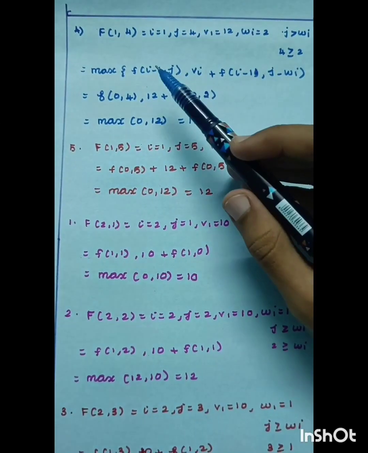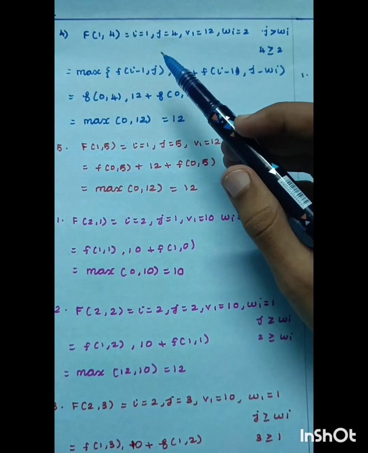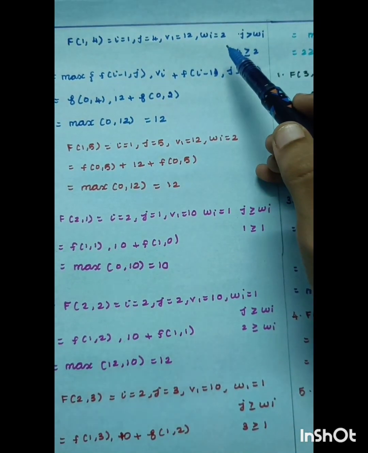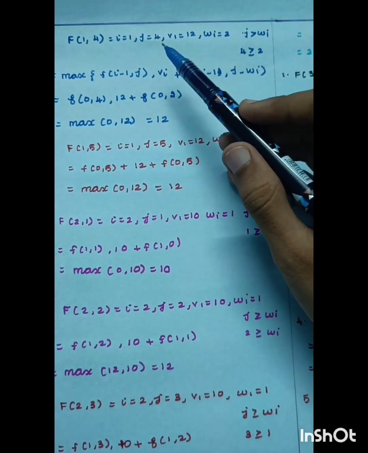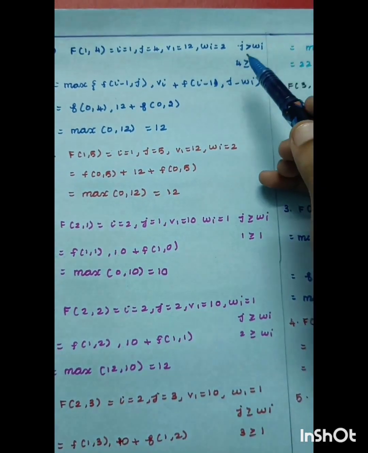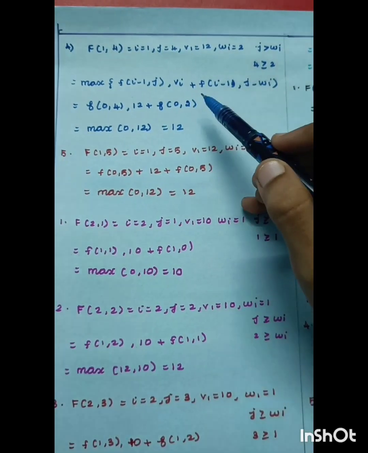f of 1 comma 4: i equal to 1, j equal to 4, v1 equal to 12, w1 equal to 2. Here the value of j is 4 and the value of w1 is 2. j is greater than w1, 4 is greater than 2, so we use the second formula.